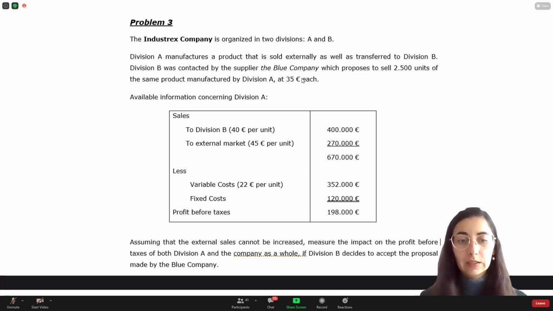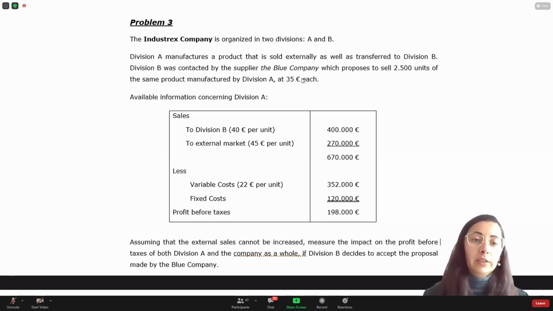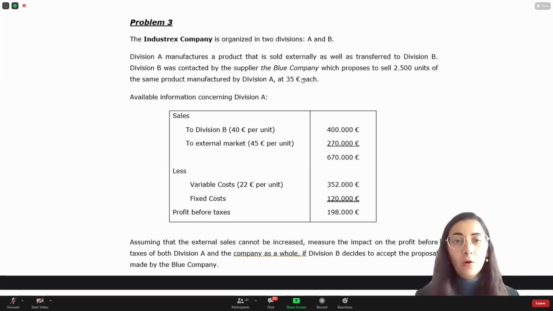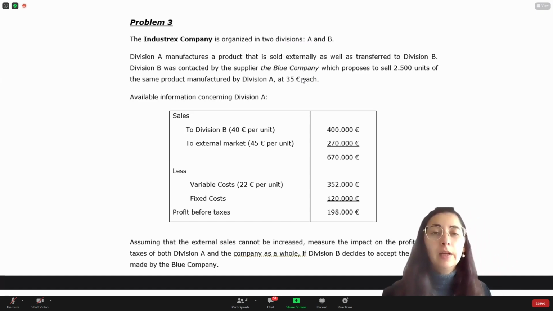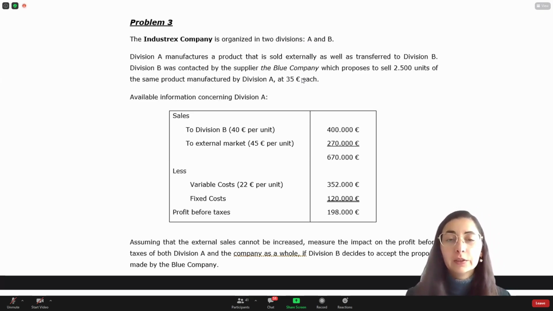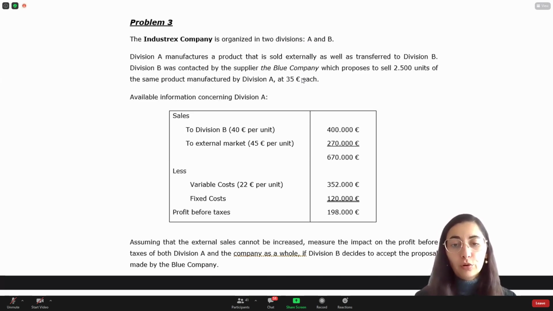We cannot increase those sales. And if Division B decides to accept the offer from the Blue Company at 35, which apparently makes sense, because they are paying 40 to Division A, Division B alone prefers to pay 35 than to pay 40. They want to decrease the costs. So we want to see the impact on profit for Division A and the impact on profit for the company as a whole.